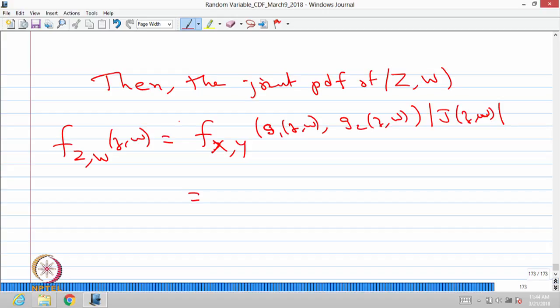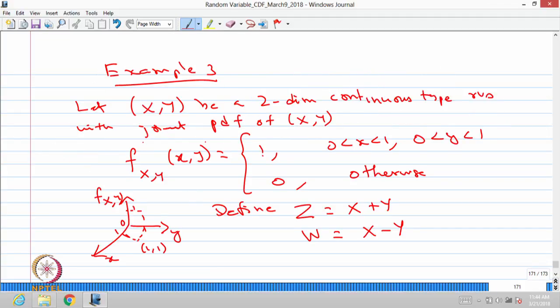Now, you substitute. In this problem, the joint probability density function of x and y is 1 between this interval, otherwise it is 0. So, you can replace x by z plus w by 2, y by z minus w by 2. Within that range, where z and w lie between 0 and 1, the value is going to be 1.